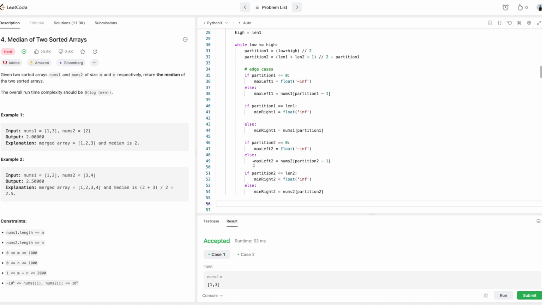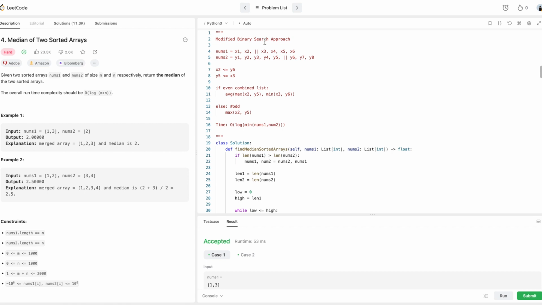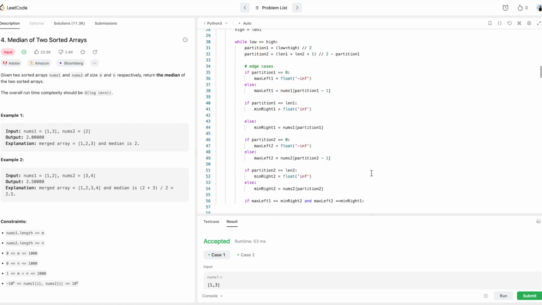So this is all of our edge cases, and in the case that we found the correct partition, which means that if max left 1 is smaller or equal to min right 2 and max left 2 is smaller than or equal to min right 1, this is basically saying this y2 is smaller than y6 and y5 is smaller than x3.